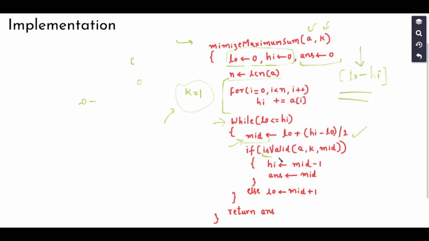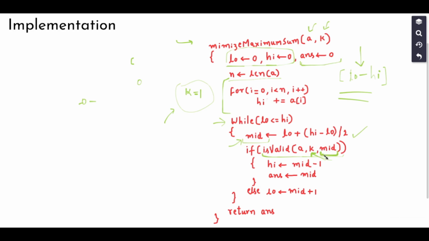So here this is the isValid function which divides the given array into k subarrays and checks if we can find a possible partition where the sum of any subarray does not exceed this mid.